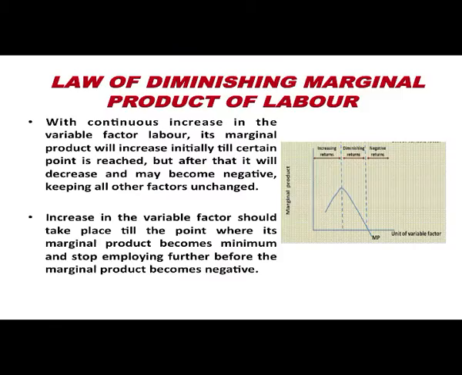In general way, we can say that with continuous increase in the variable factor labor, its marginal product will increase initially till certain point is reached, but after that it will decrease and become negative. This is popularly known as the law of diminishing marginal product of labor.